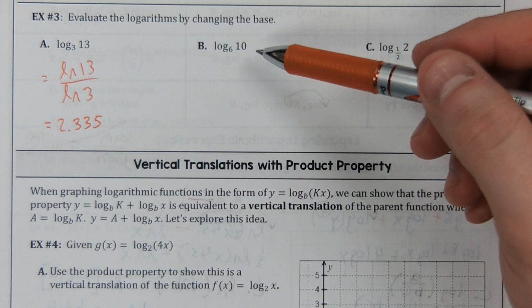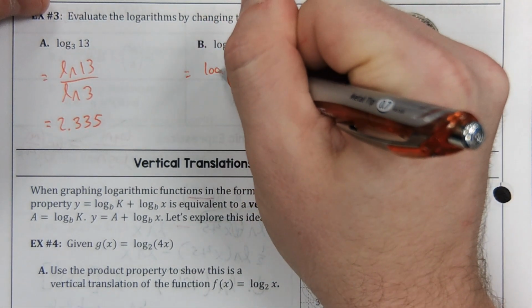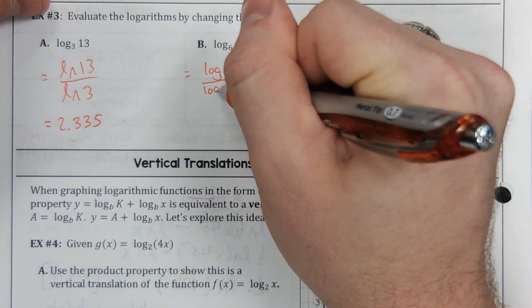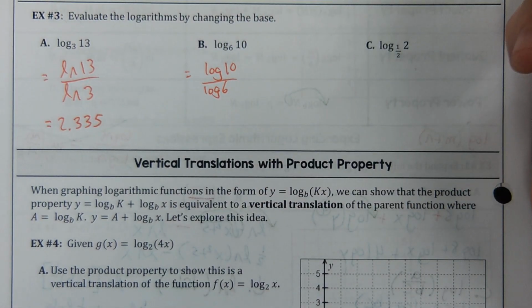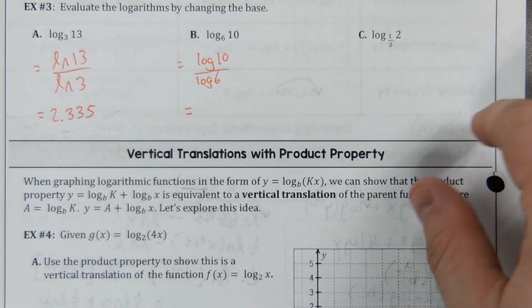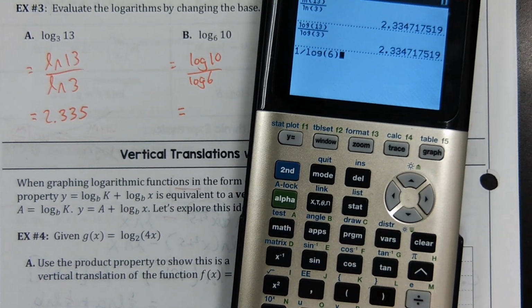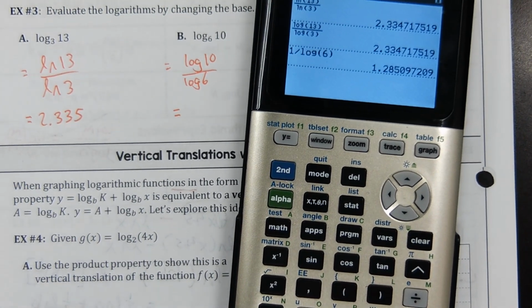You could do log 10 over log 6. For funsies, I'll do log 10 over log 6. Oh, what is log 10 again? 1. So it's 1 over the log of 6. Either way, because log of 10 is 1. There you go. 3 decimals, 1.285.